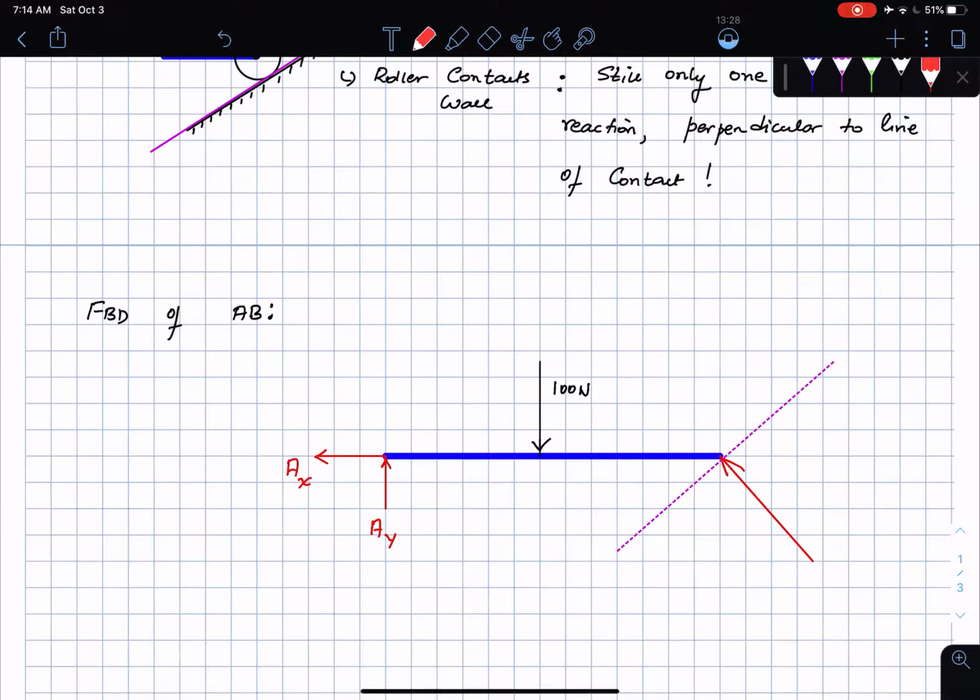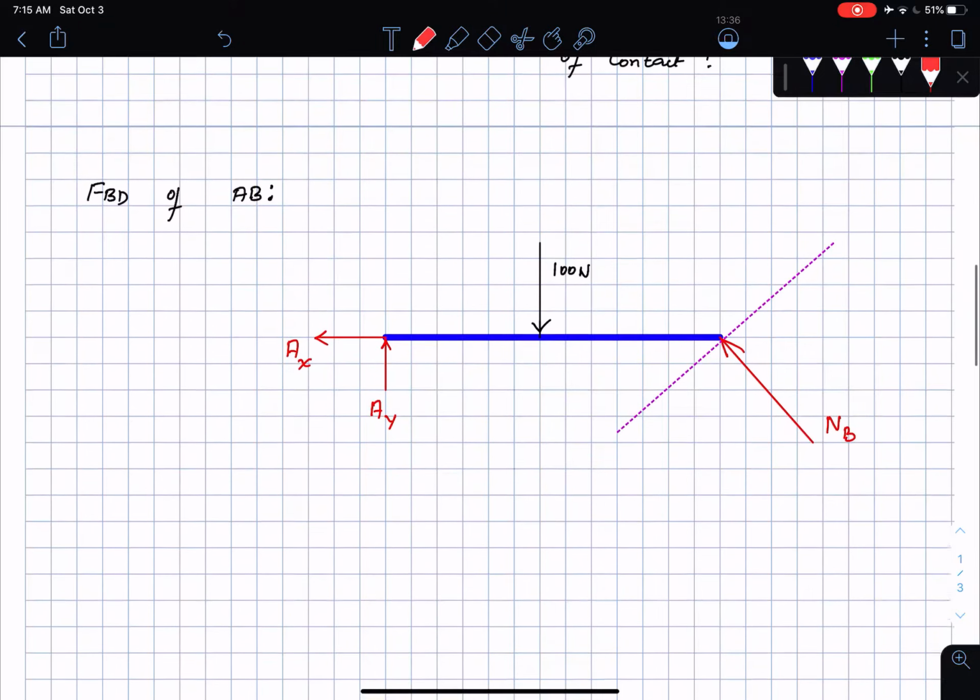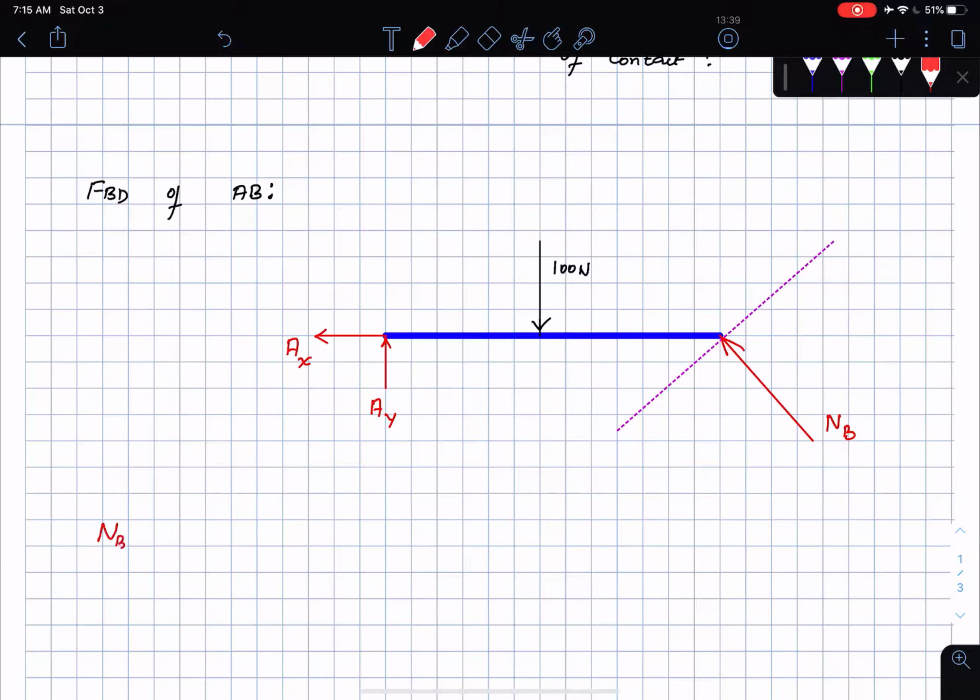I'm just going to call this the contact force at B, so this is going to be called N suffix B. This is some kind of a normal contact force. So NB is the contact or support reaction at B, normal or perpendicular to the wall.